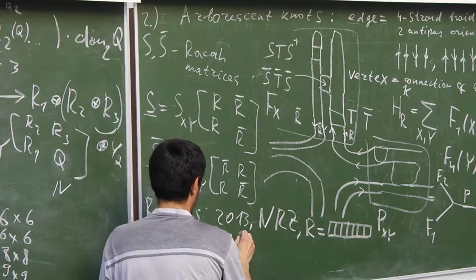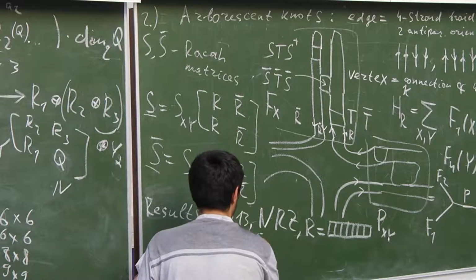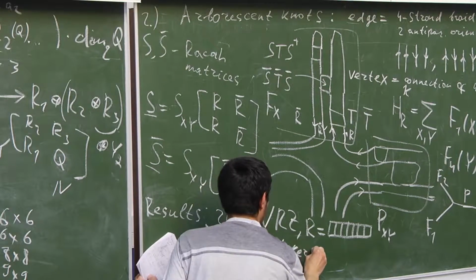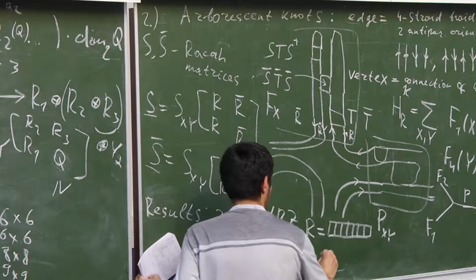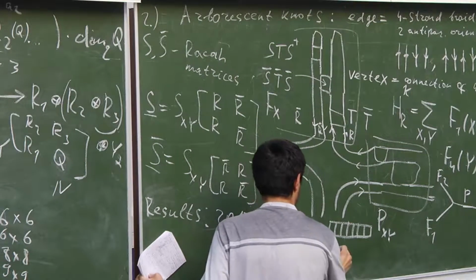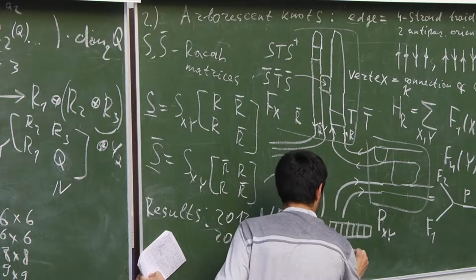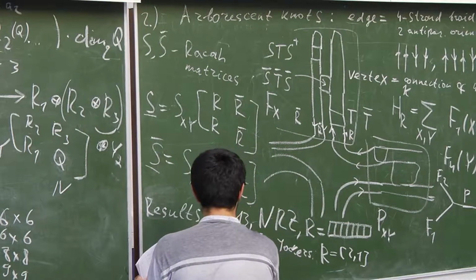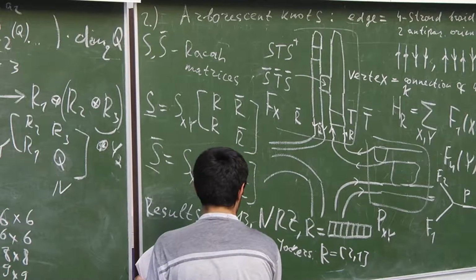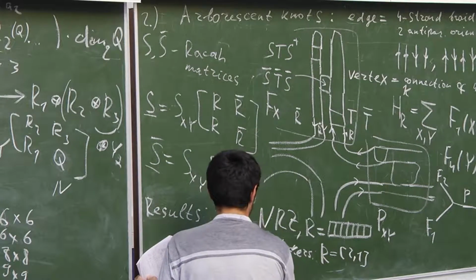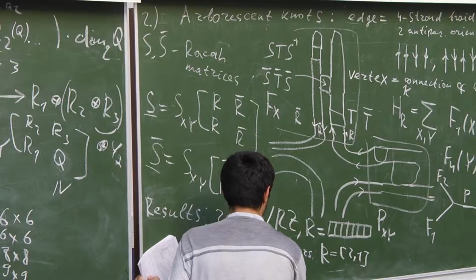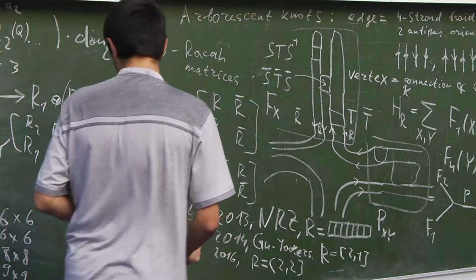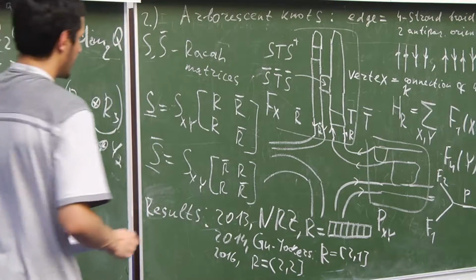In 2014, Gu and Jockers calculated Racah matrices for the first non-symmetric representation [2,1], and in this year we managed to calculate representation [2,2] in this construction.